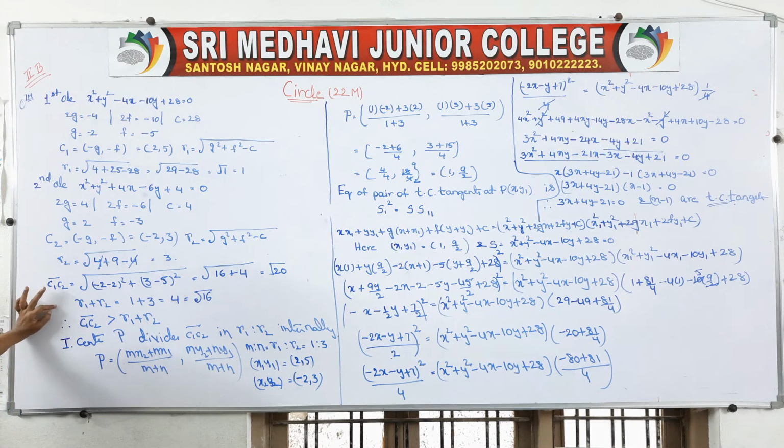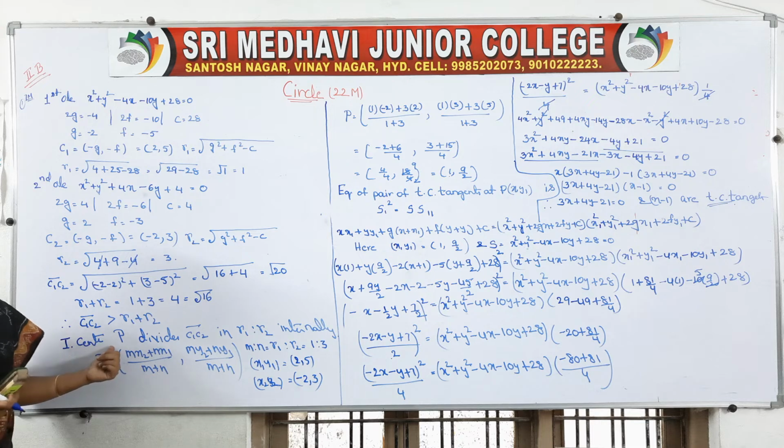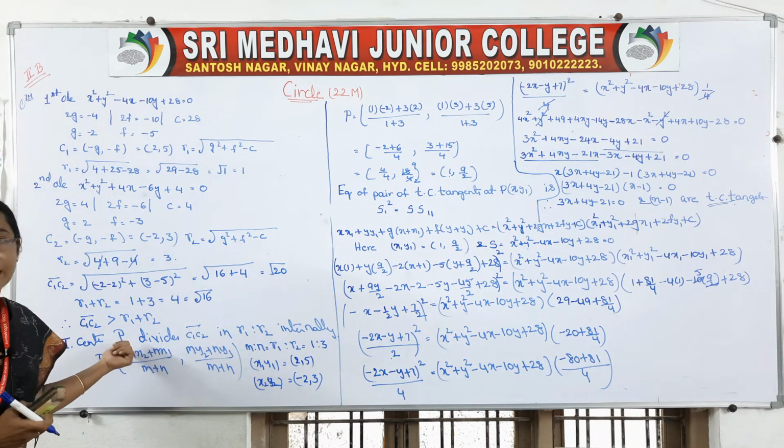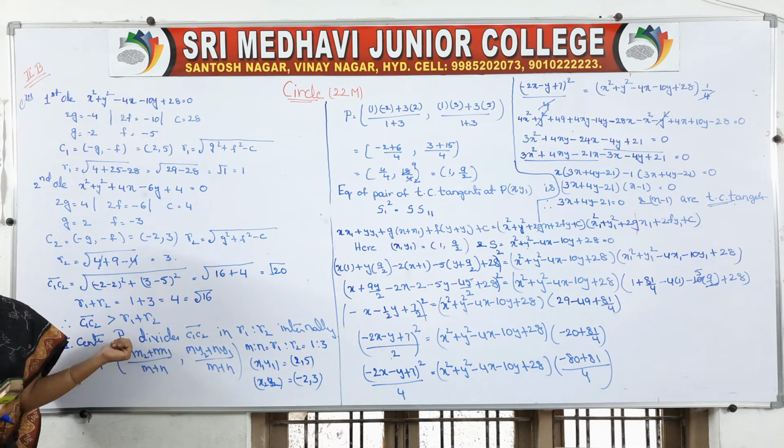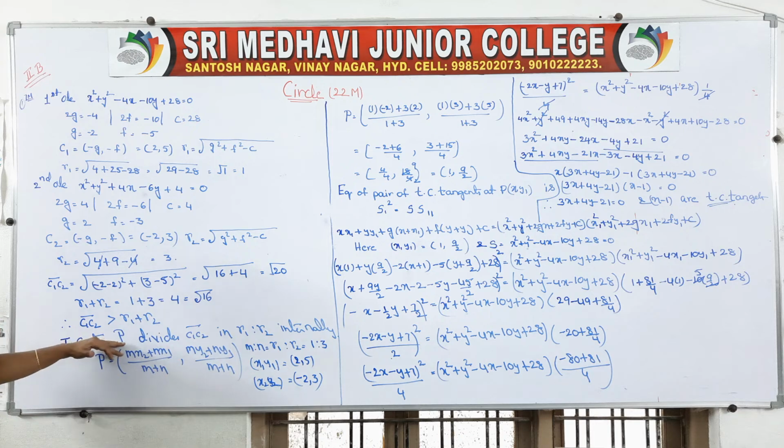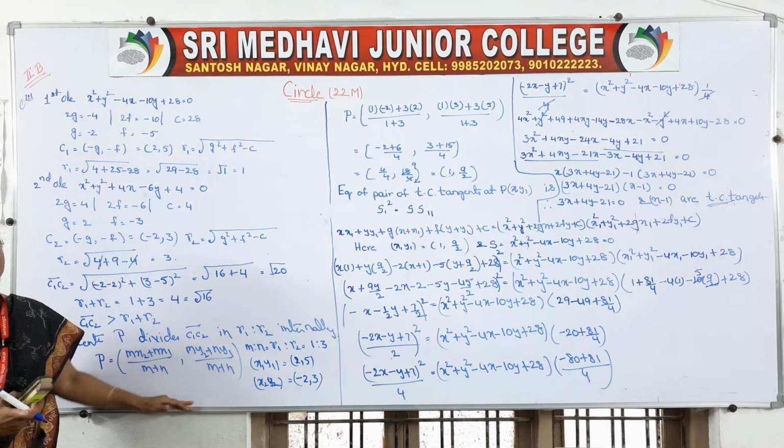For that, first you find the internal point where the transverse common tangents intersect. So you find that internal center.